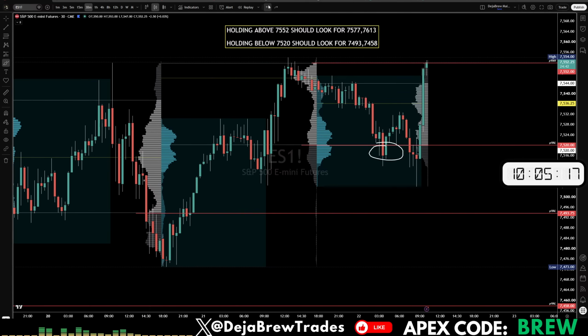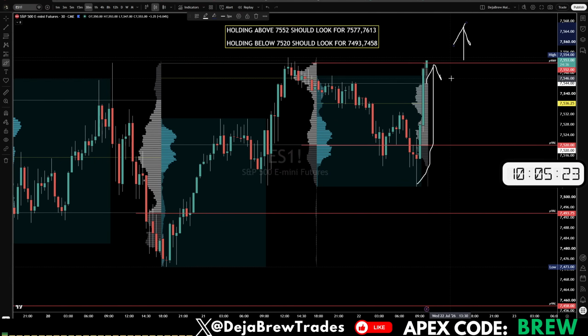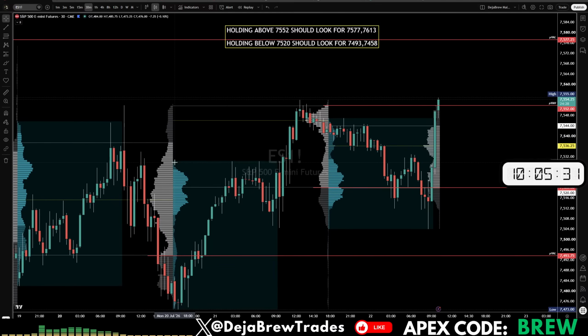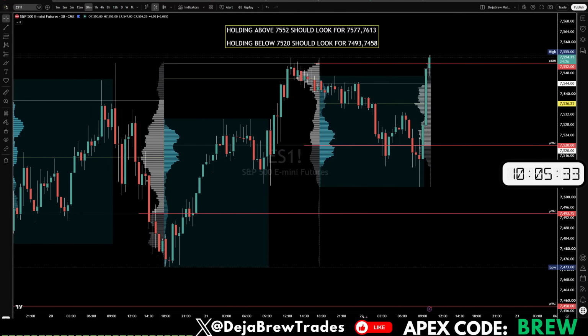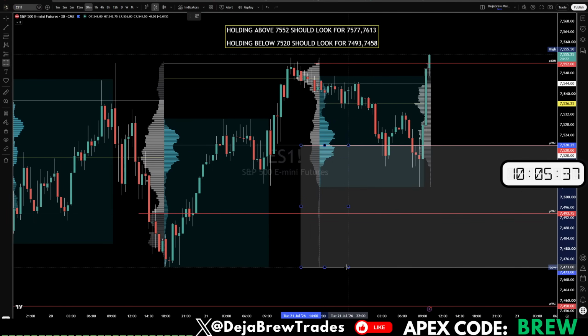So this is where we don't know: was this just a retrace, or is it actually bullish? If they start building a lot of value up here, then it's actually bullish, and it's looking for that tail extension, which is around 600-ish.